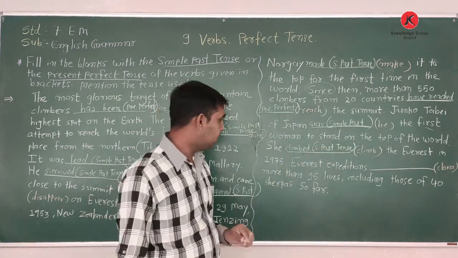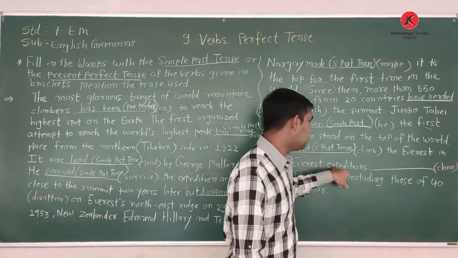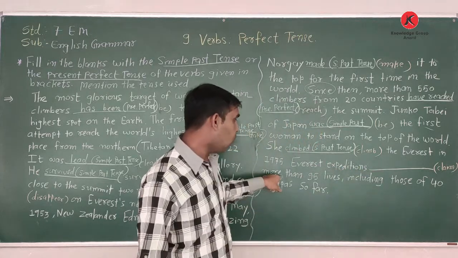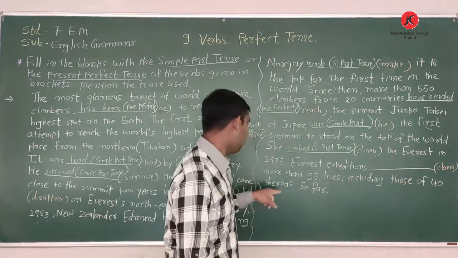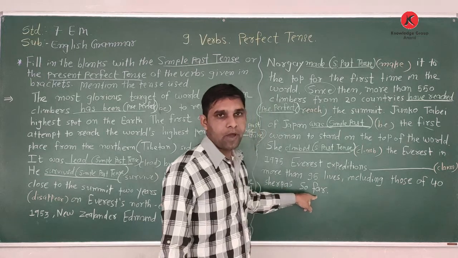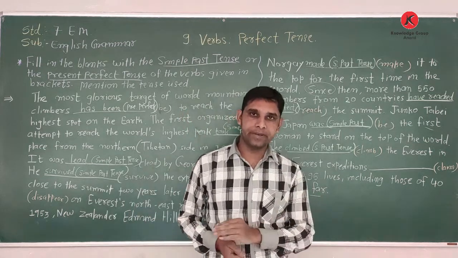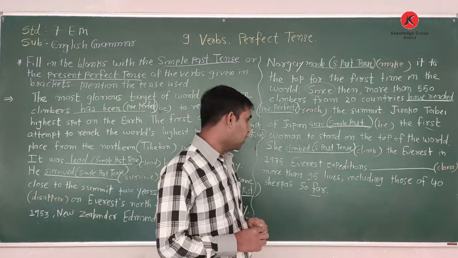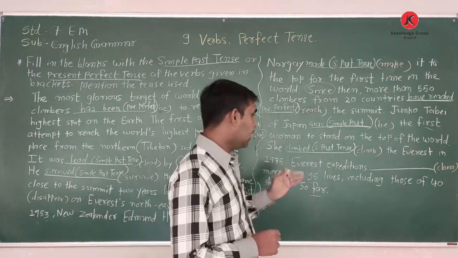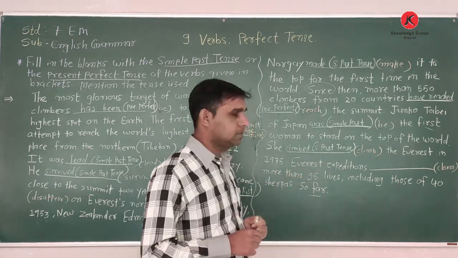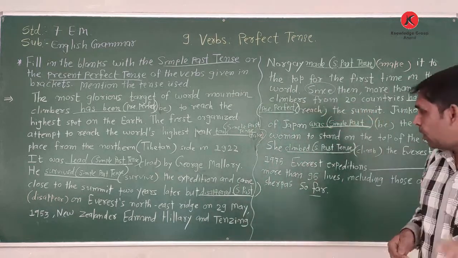Then the next sentence starts: Everest expeditions blank more than 95 lives, including those of 40 Sherpas, so far. The word so far is used in the present perfect tense. So this word is used in which tense? Present perfect tense.